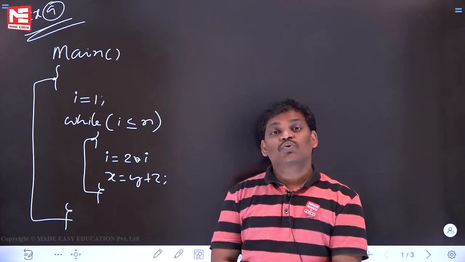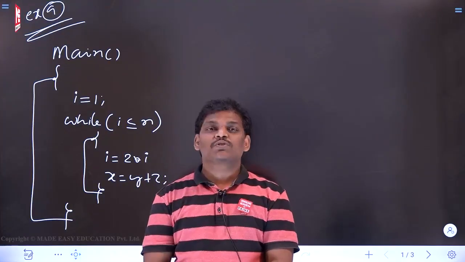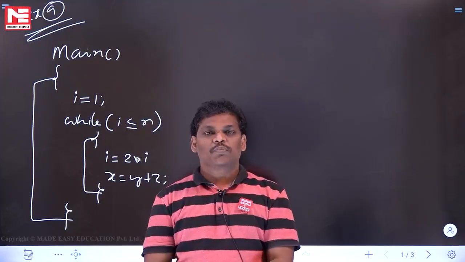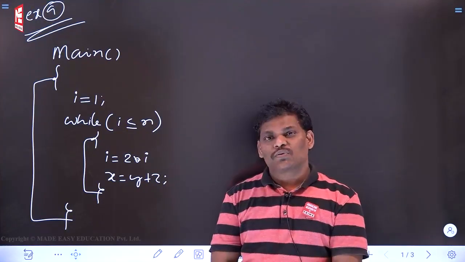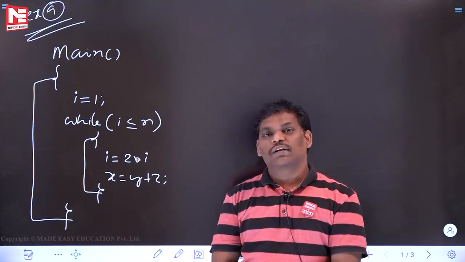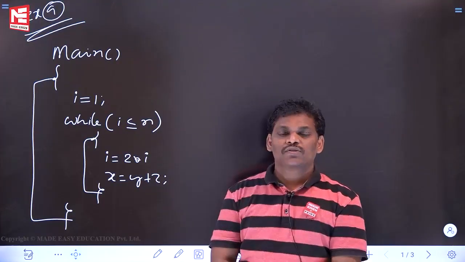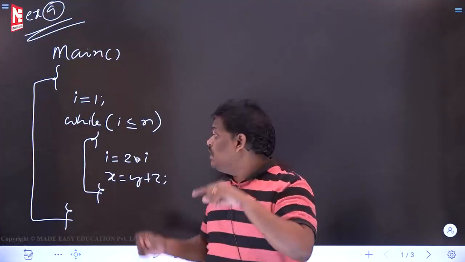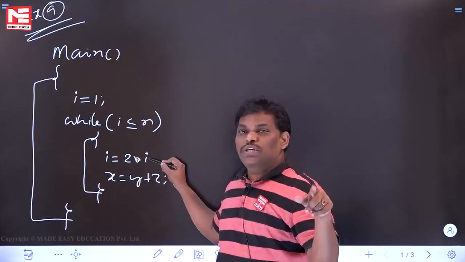Always 2 is incrementing. But in the previous problem, if you observe, i is always incrementing by plus 2. Suppose the i value is already 20. If you increment plus 2, 20 plus 2 is 22. Suppose i value is 1000. If you increment plus 2, 1000 plus 2 is 1002. So that is incrementing, it's okay. Suppose i value is 1000, and 1000 into 2, not plus 2.